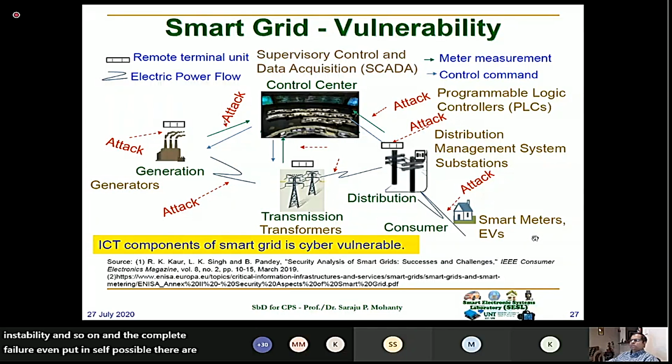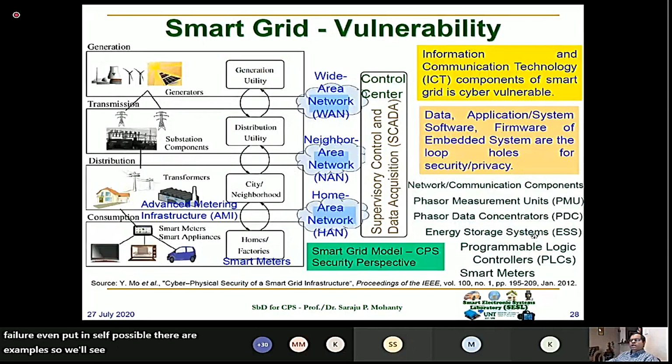There are examples we will see. When we hierarchically see the situation, consumption, distribution, transmission, and generation, there are different local area networks. For example, here it is the home area network, here the neighboring area network, and the wide area network. So intrusions can happen at any of these network points, like denial of service and other things you have seen.